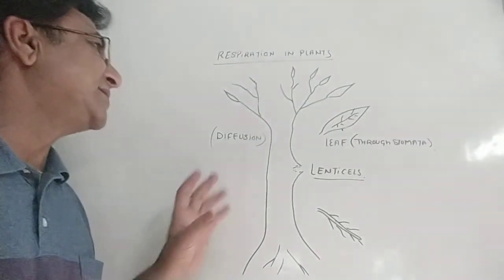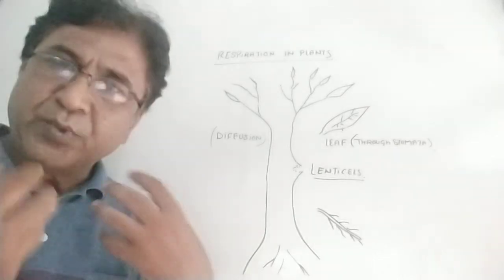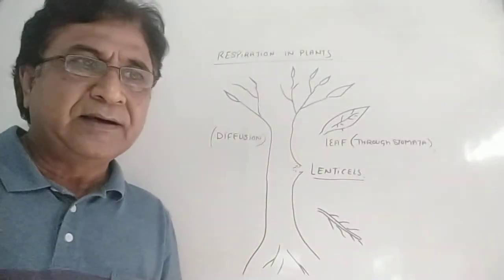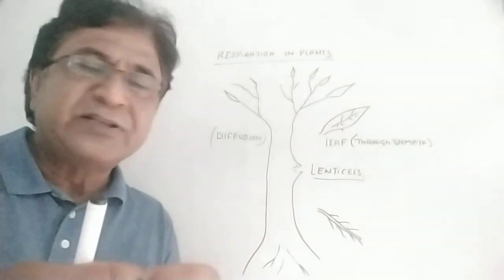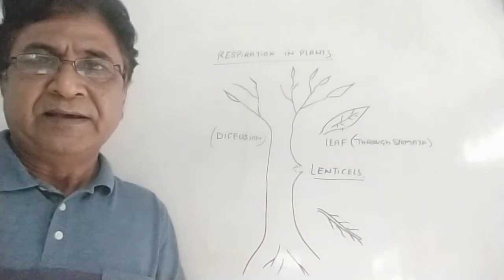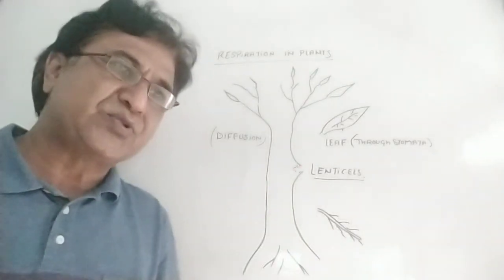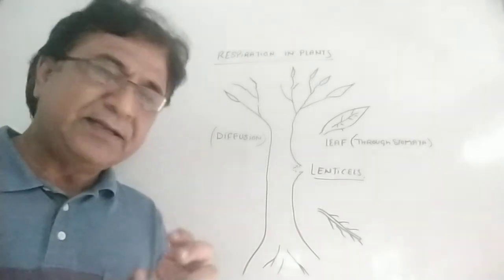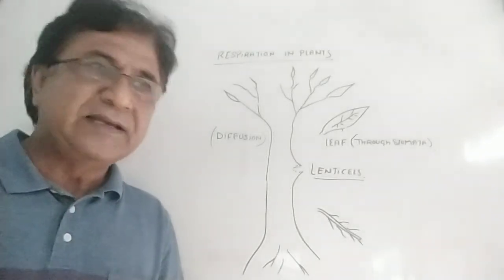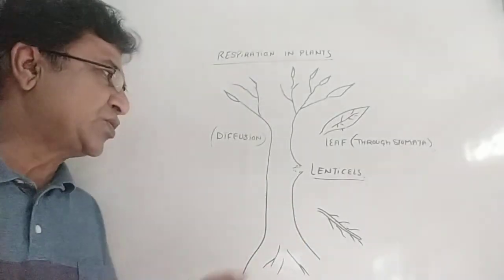Why am I saying this? One of the questions that comes is: why is this process of diffusion not taken by multicellular organisms like humans? First answer: all the parts of the human are not exposed to the atmosphere. Second, the energy requirement in animals like humans is much higher as compared to plants.